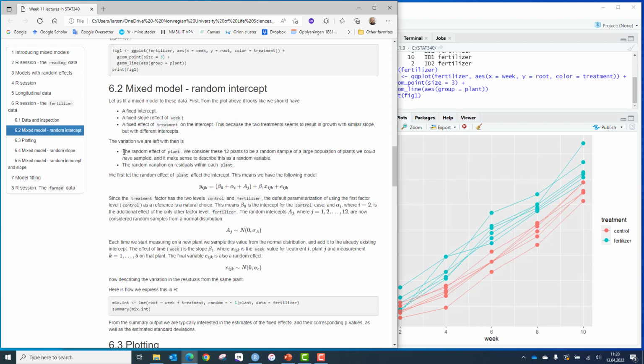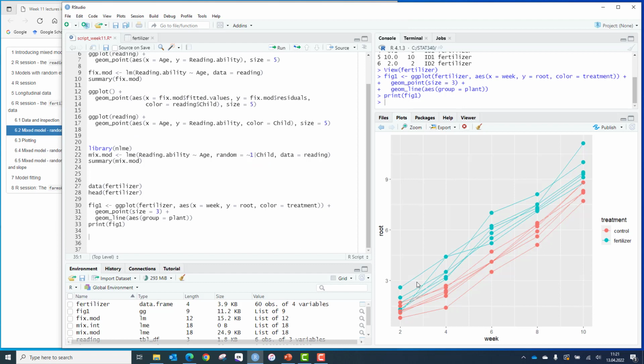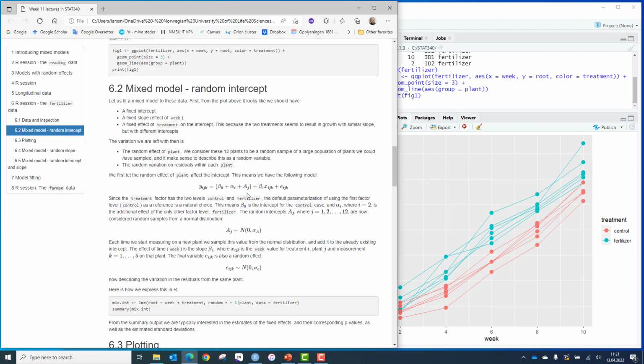And then we have some random effect of plant. So the difference between the plants is now something random. You sample one value, you could say, given that you have plant number X, you sample a given value, and this value is affecting plant X all the way through. But how should it affect it? Well, let's first say that the random effect of plant is a modification of the intercept as well.